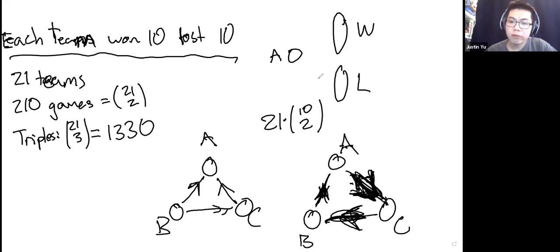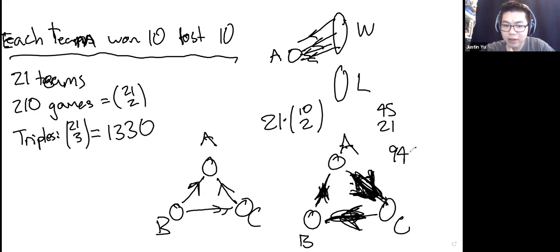And A needs to win to both of them, so these are going to have a bunch of arrows that all point to A. And this is the number of ways. So basically what we've done is we've counted the number of ways that we can pick this. And if we multiply this out, it works out to, let's do some quick math, 945.